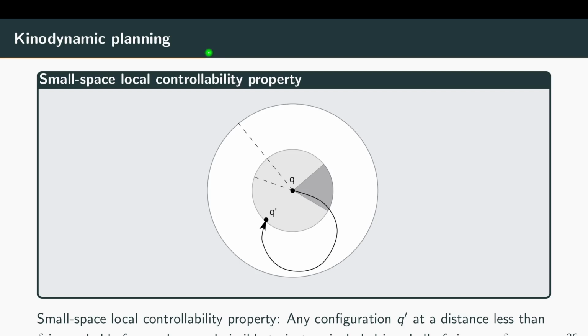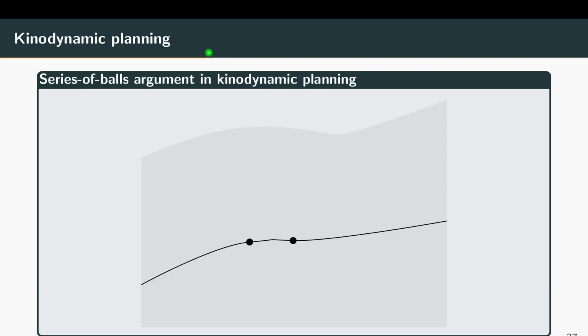Yeah, it must be at least the size of the white circle, because otherwise it might be difficult to reach. Exactly.